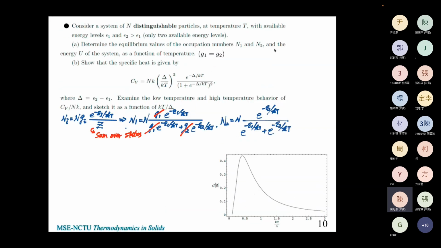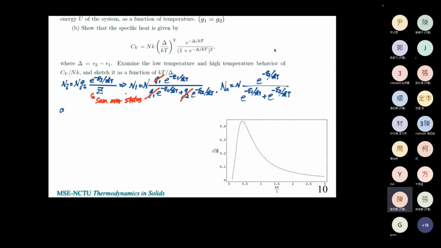Then we are more or less ready for problem 1. Determine the equilibrium value of the occupation numbers N1, N2. Yes, we have done that. And the energy U of the system. U, of course, is the summation of epsilon i times N i.